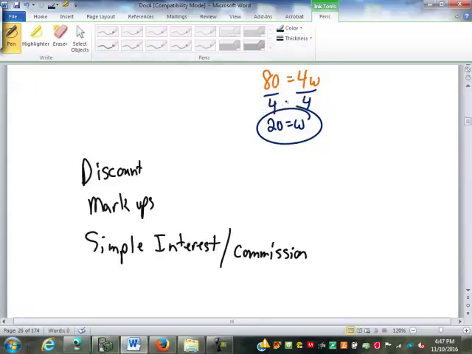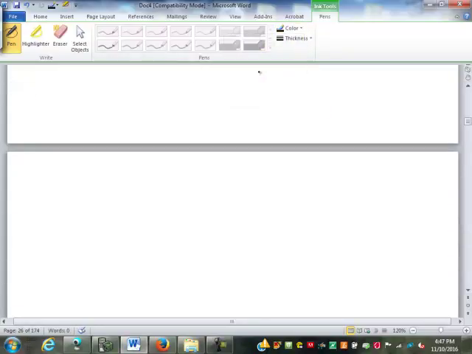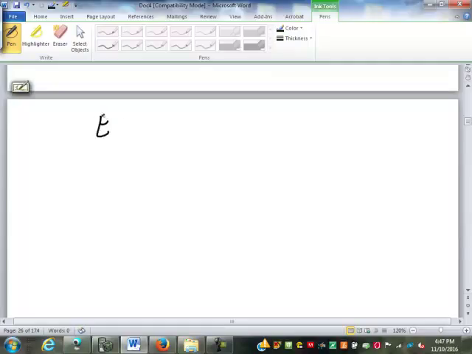Then the last thing you're going to need to be able to do is solve equations with fractions and or decimals.